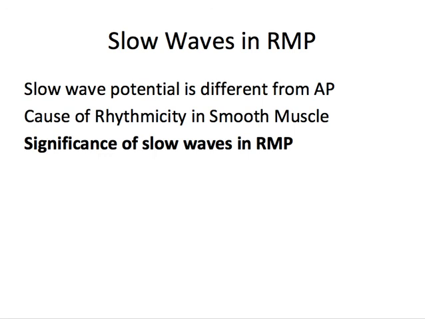In other words, you can say that it causes pacemaker activity and hence the rhythmical contractions in the unitary smooth muscle. An example of slow wave potential could be peristaltic activity in gut.